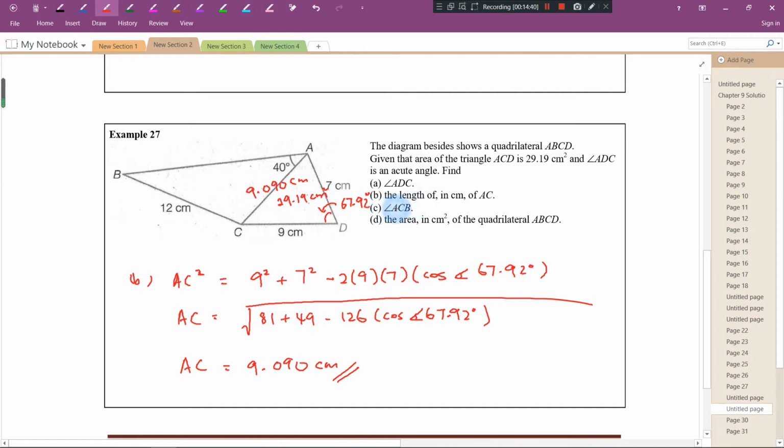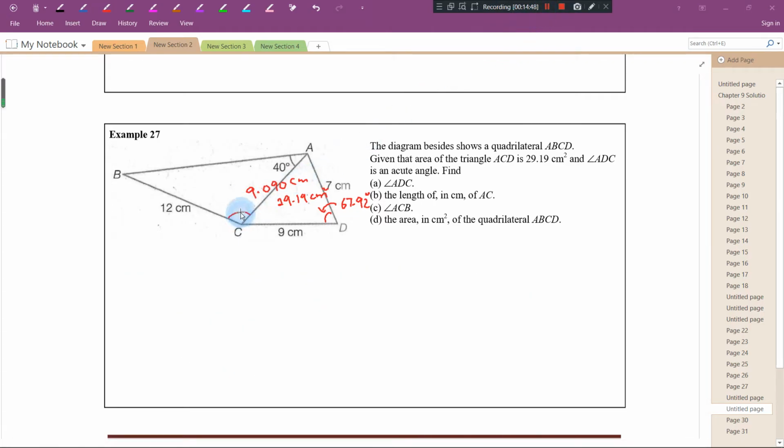We want to find the angle ACB. Where is ACB? ACB is over here. How do we get this angle? First thing we might think of is using the sine rule, but the problem is we don't have the side length here. But it's okay, since I have the side length here and also the angle here, I can use the sine rule to get this angle first.